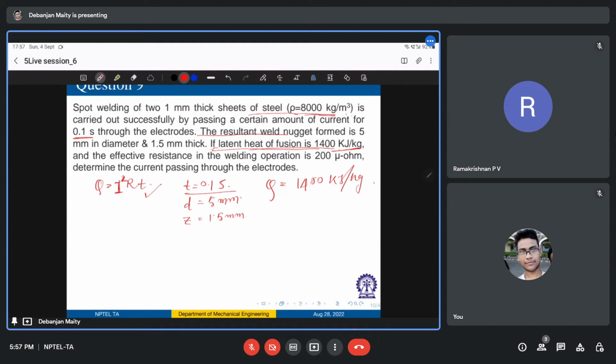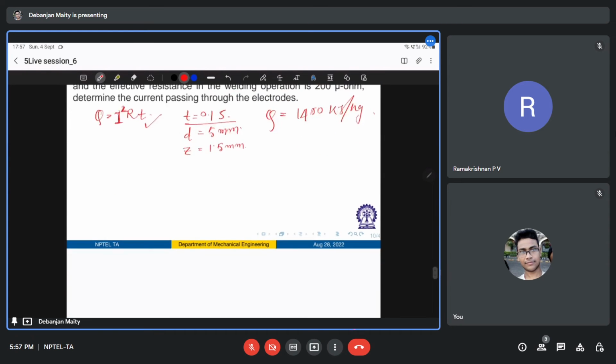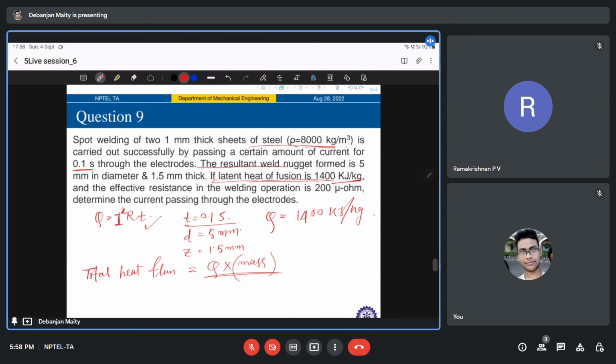So if you want to find out the total heat which is coming, that will be equal to Q into the mass of whatever the steel plate is having.